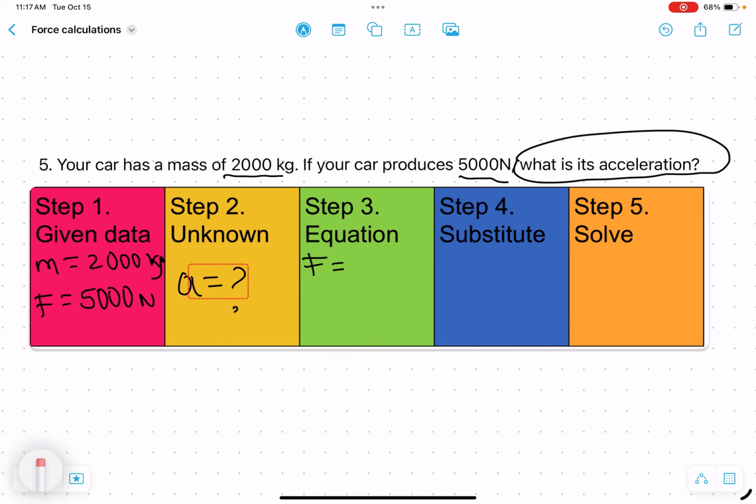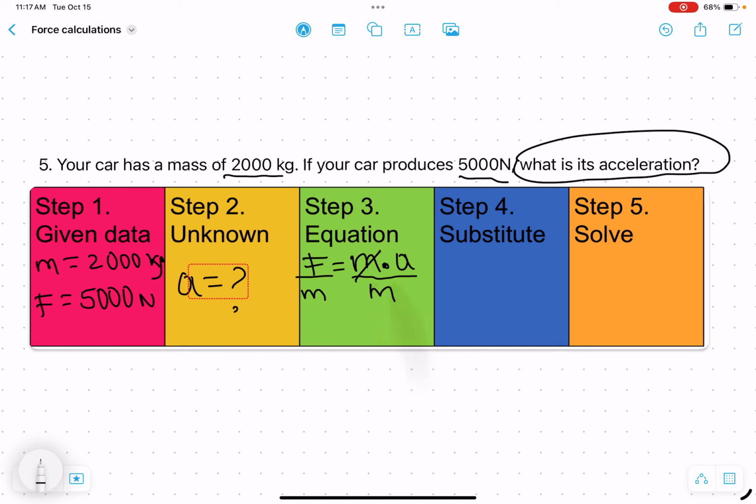Let's do it step by step. So force equals mass times acceleration. And you need acceleration, so you need the A by itself. What is next to the A that you don't want is M. So you divide by M on both sides because the M was multiplying.